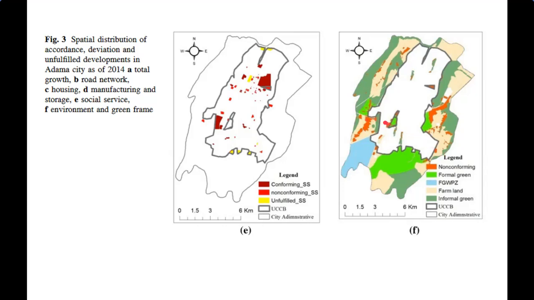So it is assessed as a non-conforming land use plan because it should be farmland and agricultural land, but in reality it becomes urban area or maybe settlement area. That's why the authors use conforming and non-conforming land use.